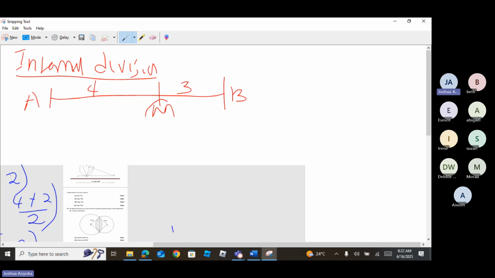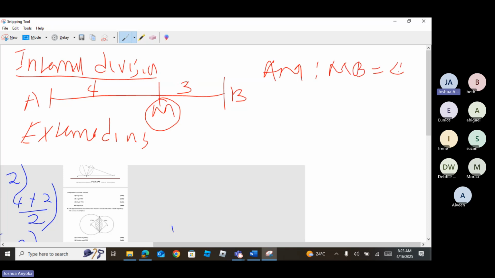So we say M is dividing line AB internally in the ratio 4:3. Then we have external division. So the ratio here is AM to MB, which is 4:3.